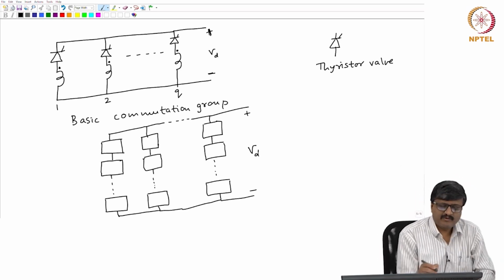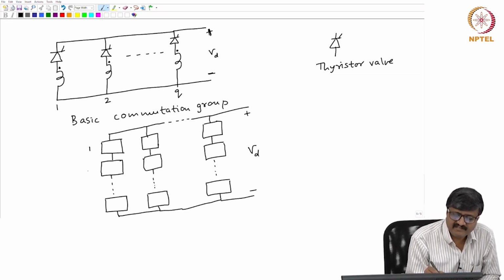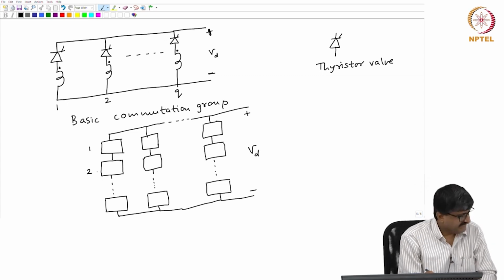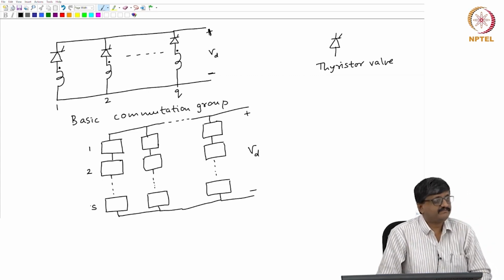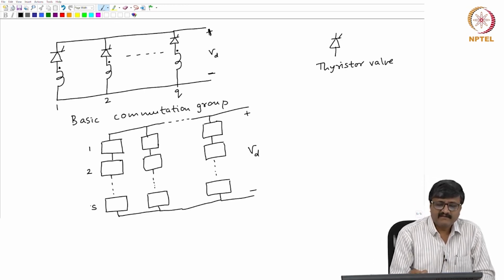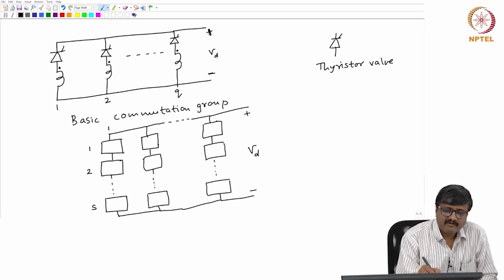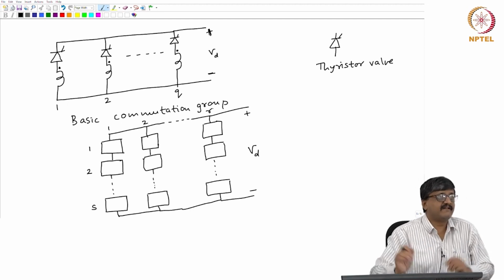Okay. So, what I am trying to say is, in each series connection there are S basic commutation groups connected in series. Similarly, I have 1, 2 and so on up to R such series combinations in parallel.